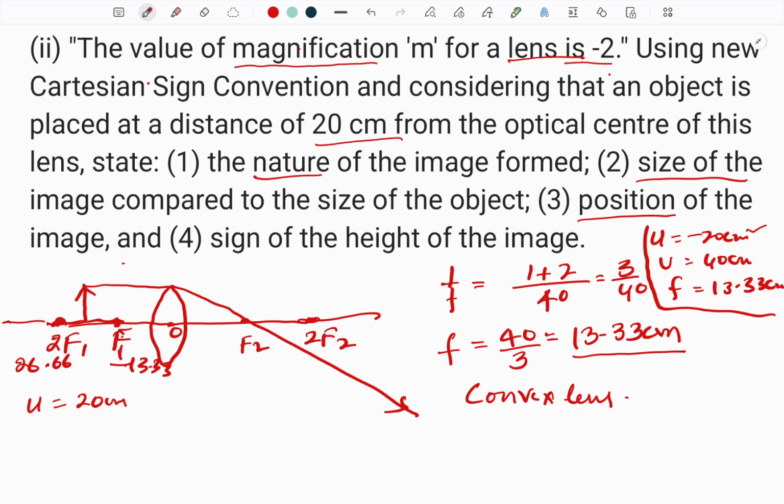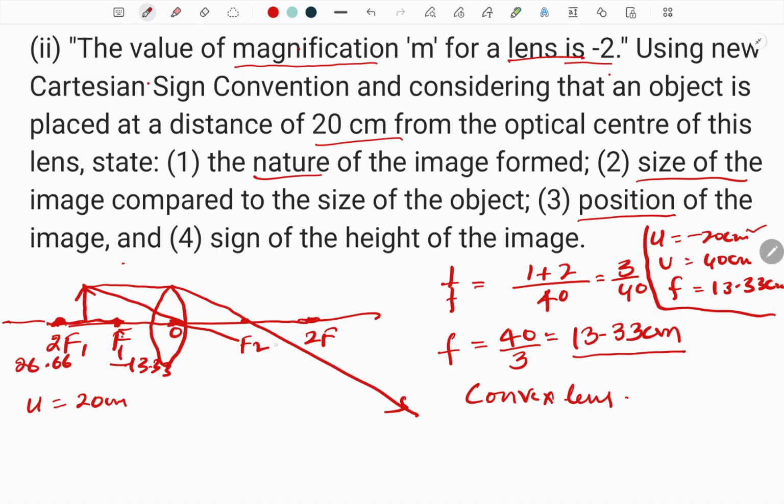Now the second one should go through the optical center and intersect the other line.